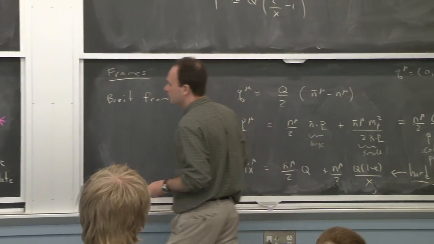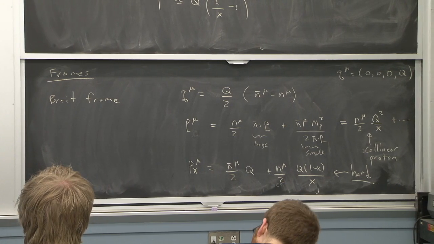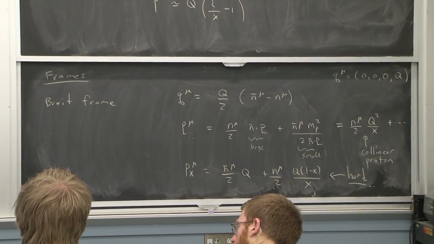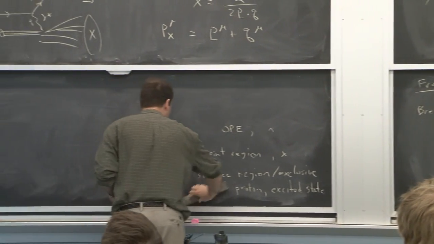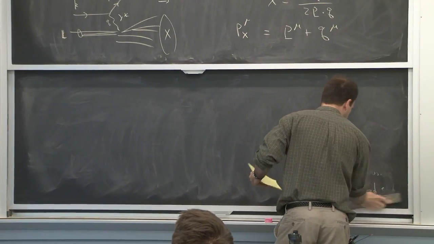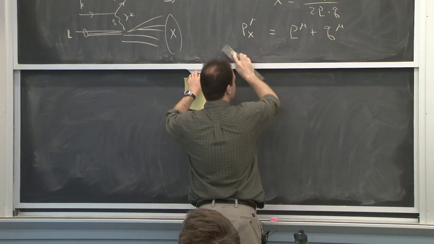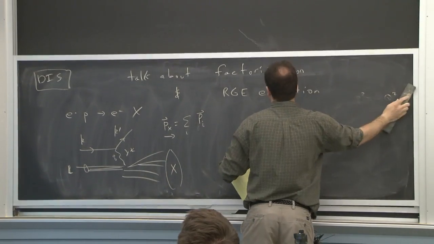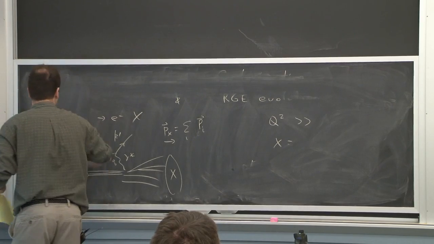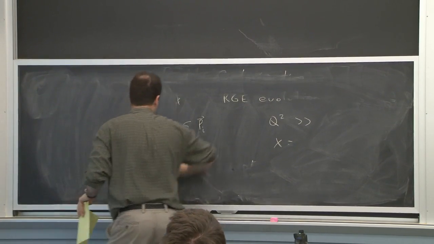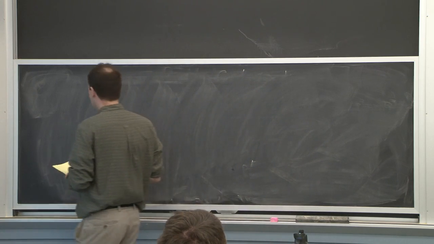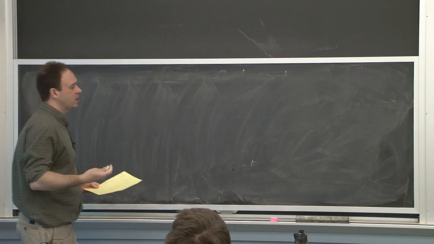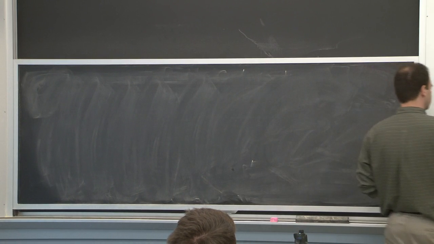You could also do an analysis of DIS in the rest frame of the proton. That's another case, and the final result you would get would be the same as what we'll get from this frame. But this frame is actually a little easier. So we're really talking about hard-collinear factorization in some sense.